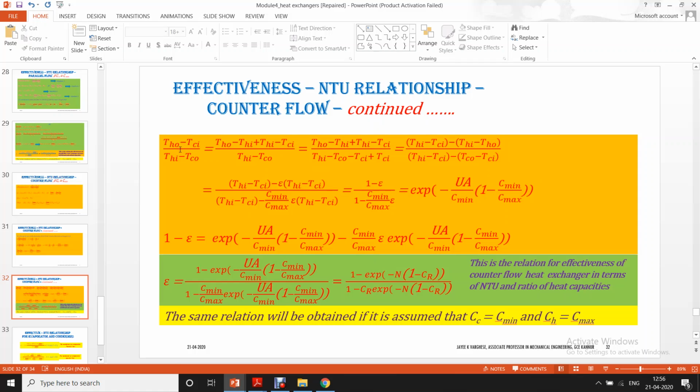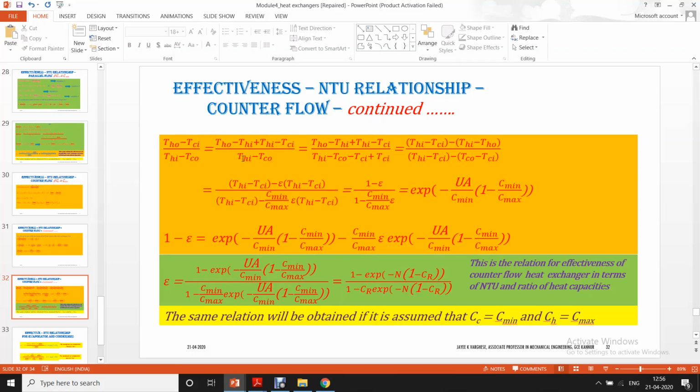So we will make some manipulations on this numerator term. If we have a THI here, we can make some meaningful temperature differences. So I'll subtract and add THI in this numerator. This will become THO minus THI plus THI. So the numerator is the same. If I add and subtract THI terms, there is no change for the numerator.